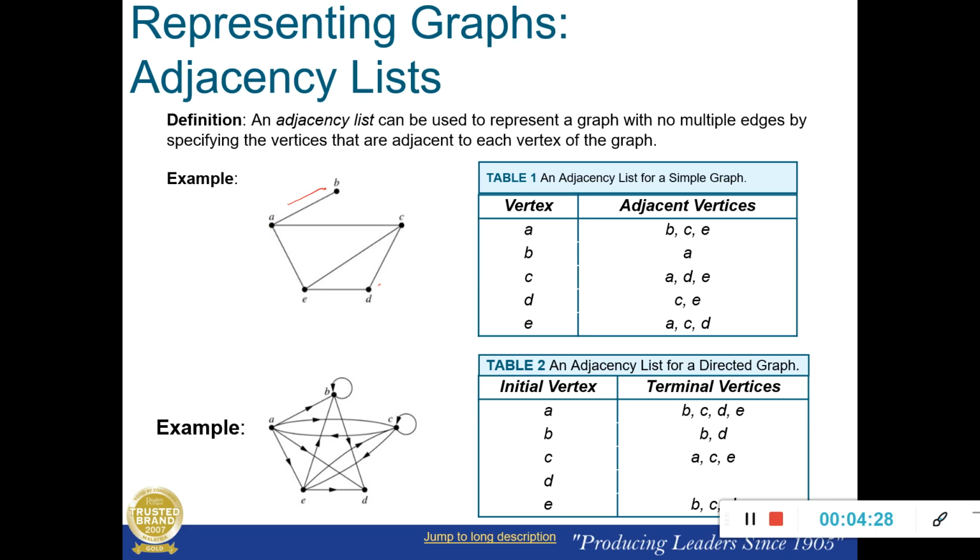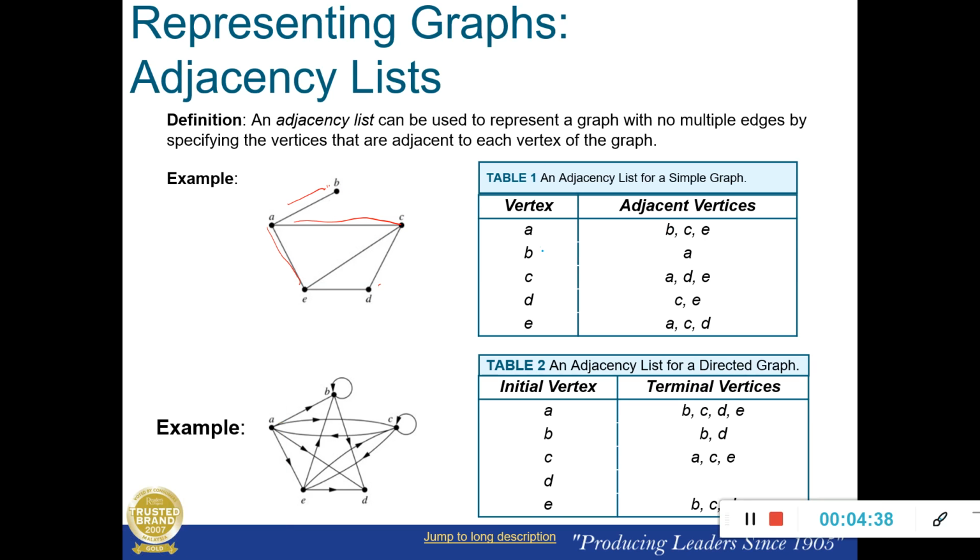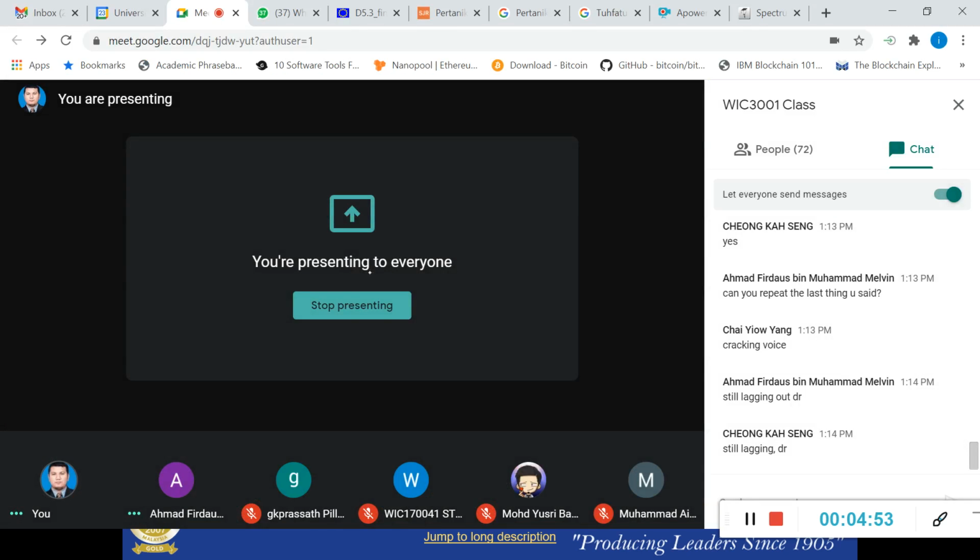Vertex B, vertex C, and vertex E. What are the neighbors of vertex B? You have A only. C has D, E, and A. So these are the neighbor vertices, or adjacent vertices.